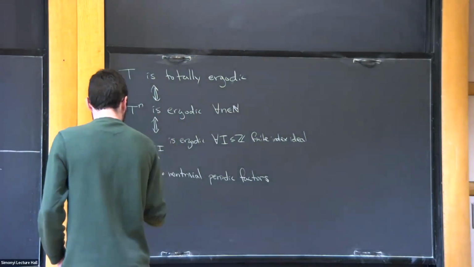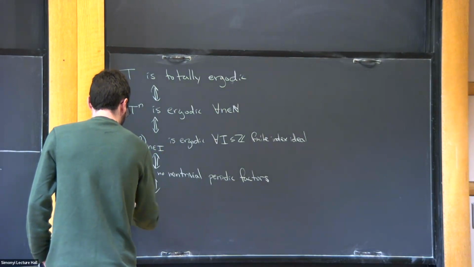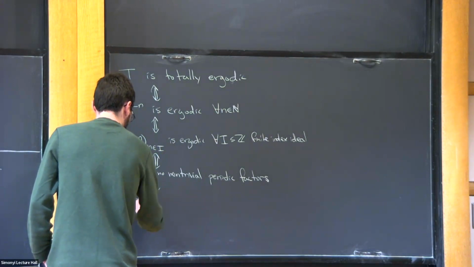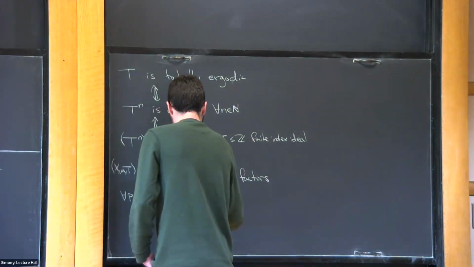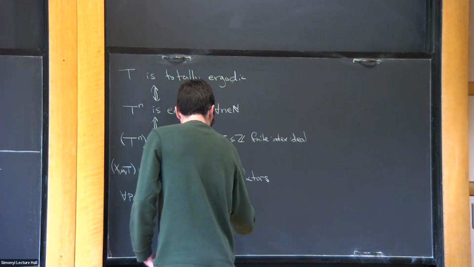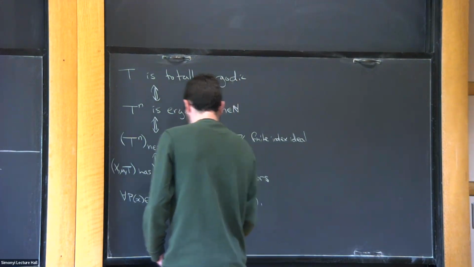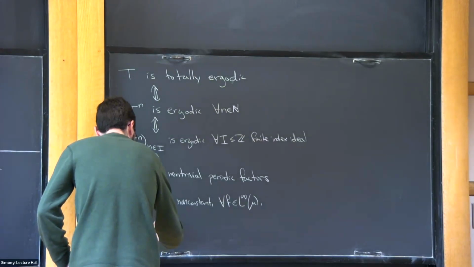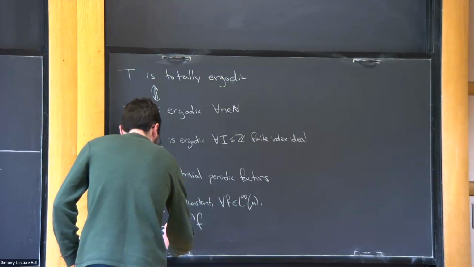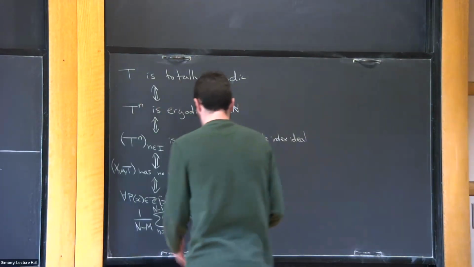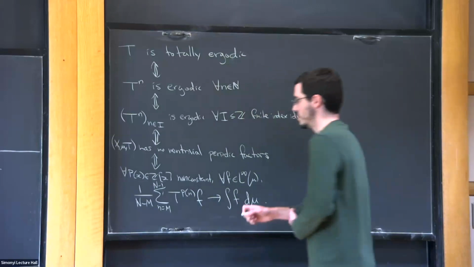So equivalent to all these statements is that for any polynomial, I should say that's non-constant, and any bounded function, the ergodic averages along this polynomial converge to the integral of the function.